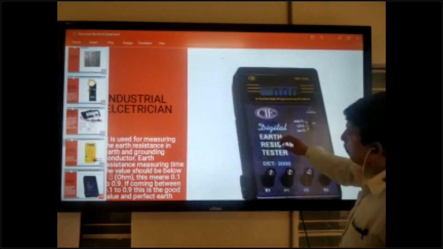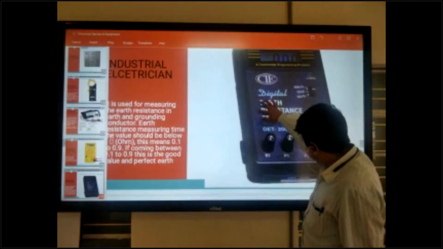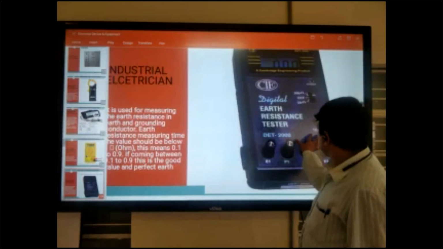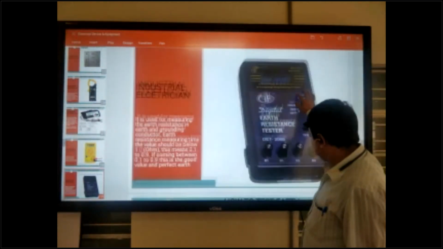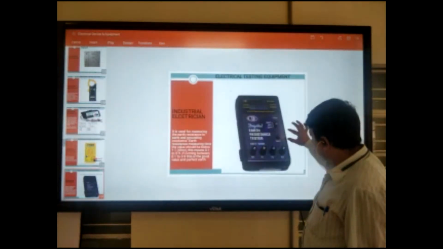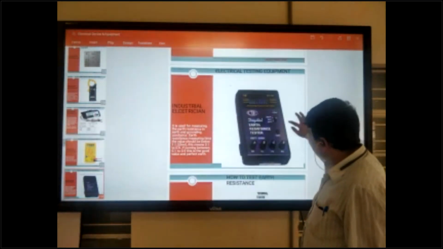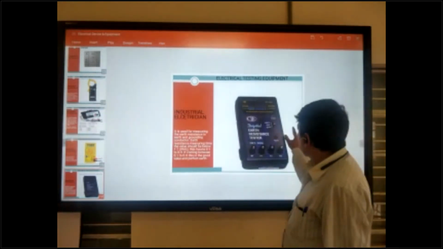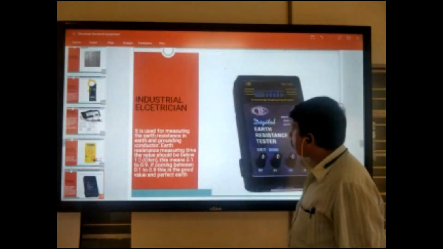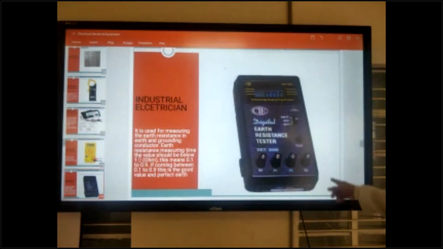Earth resistance tester, next one is earth resistance tester.